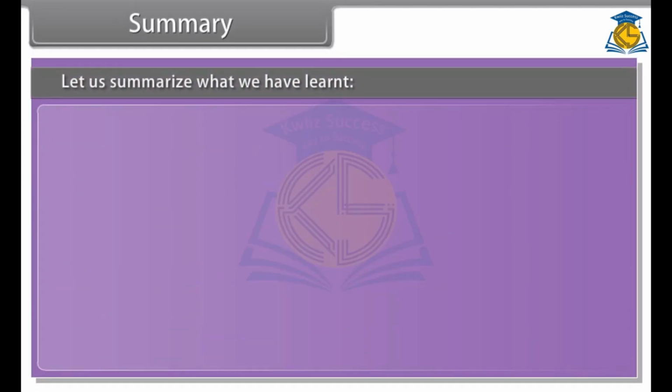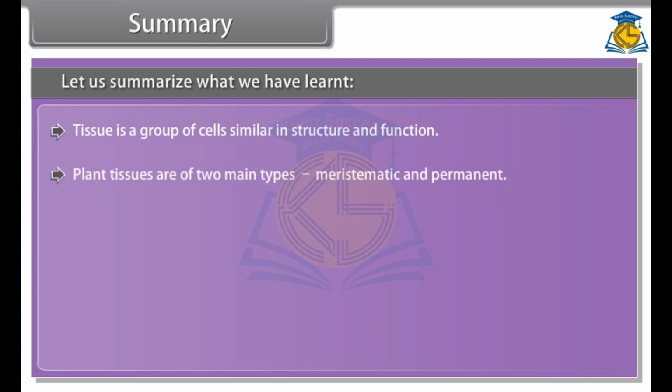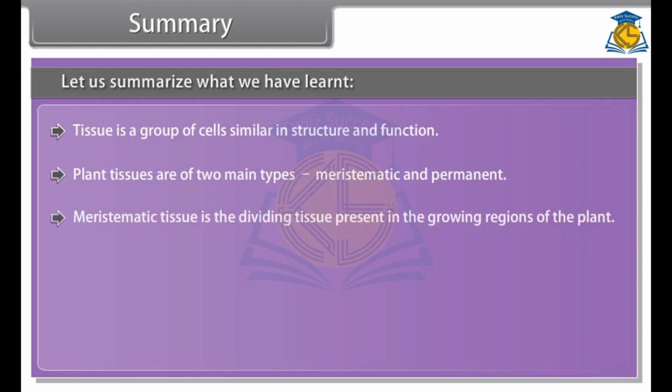Summary. Let us summarize what we have learned. Tissue is a group of cells similar in structure and function. Plant tissues are of 2 main types, meristematic and permanent. Meristematic tissue is the dividing tissue present in the growing regions of the plant.